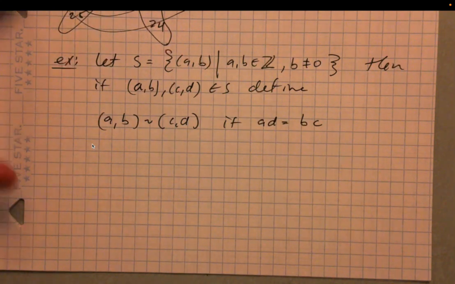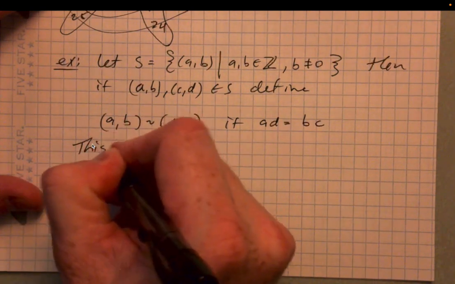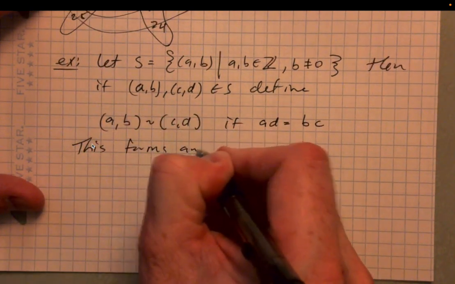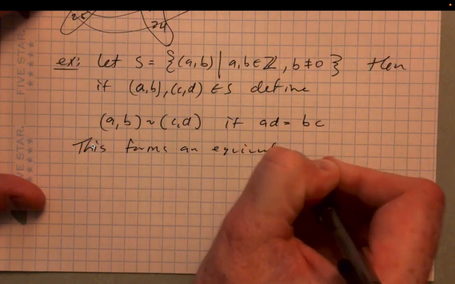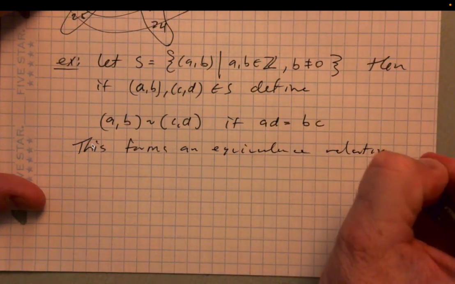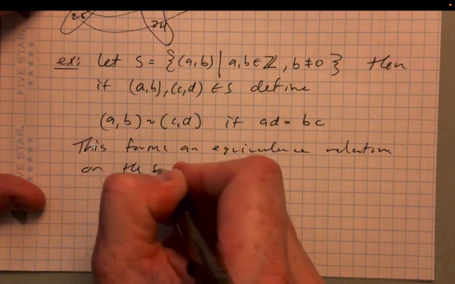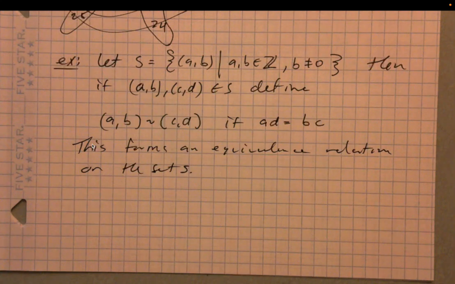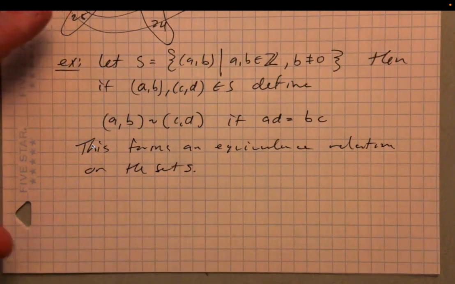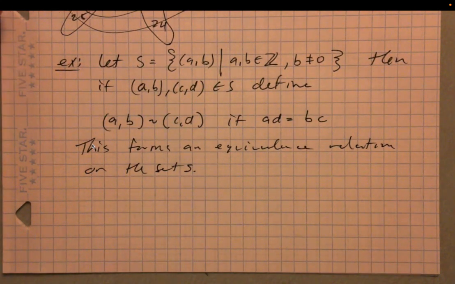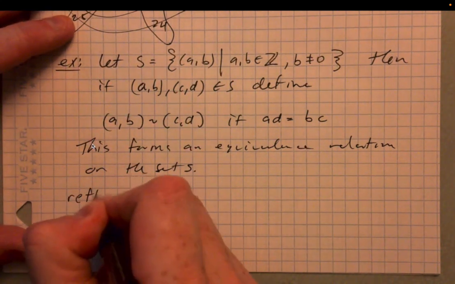And so this is an equivalence relation on the set S. Let's test that this forms an equivalence relation. We have to see that the relation is reflexive, symmetric, and transitive. Let's look at reflexive first.